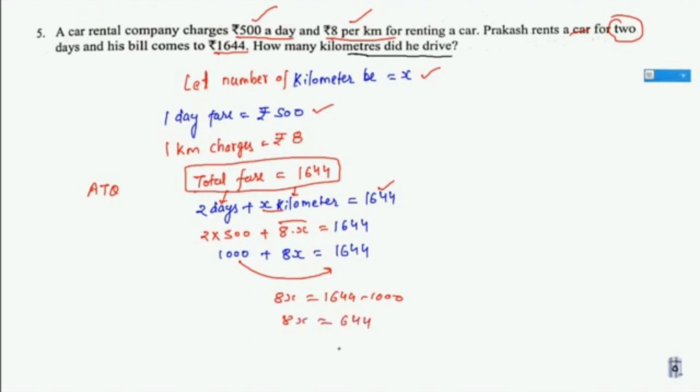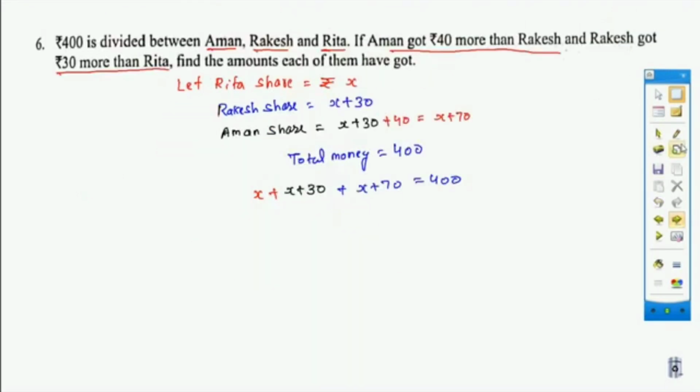So that is 8 into x is equal to the given. So 8x equal to 644. x is equal to, we will find 644 by 8.